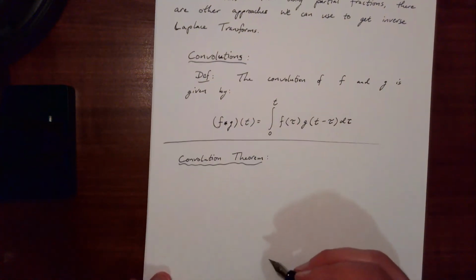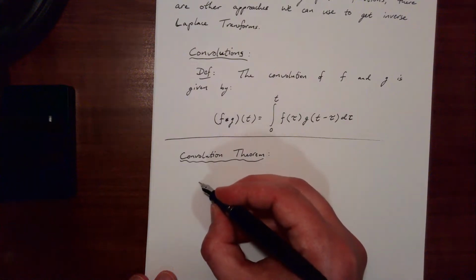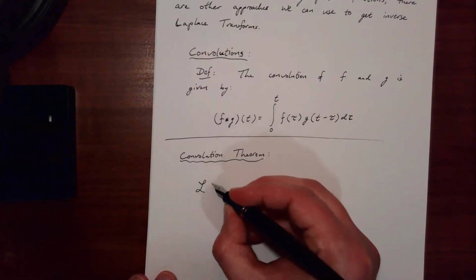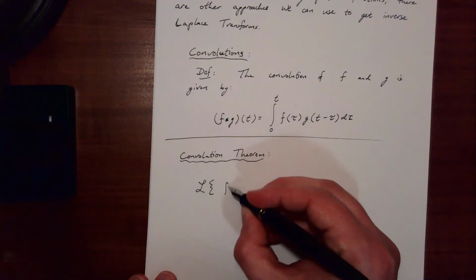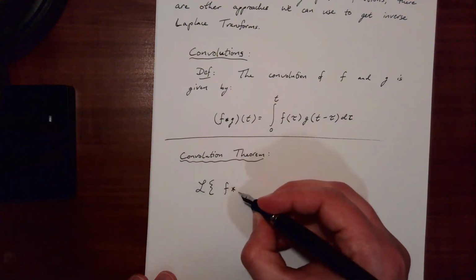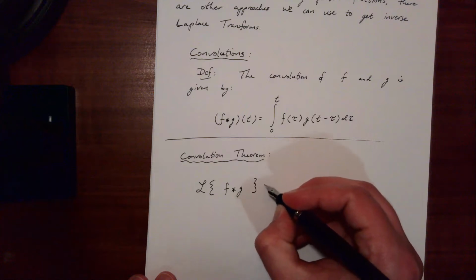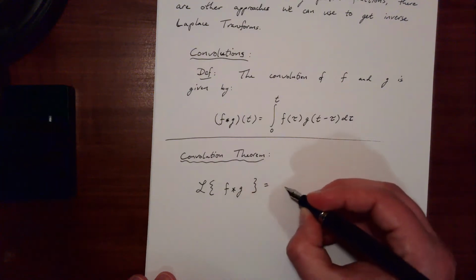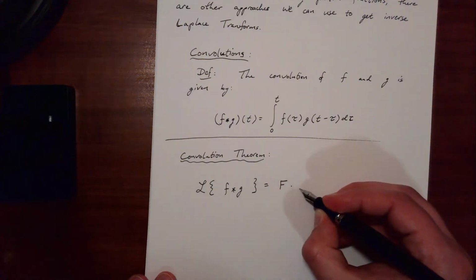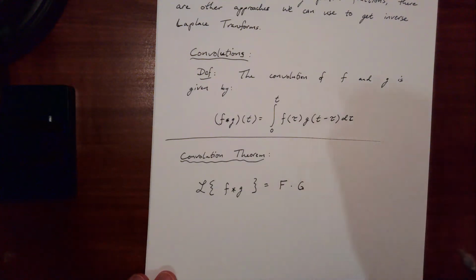The convolution theorem says that if I take the Laplace transform of the convolution of two functions, then that is actually just going to be equal to the product of their Laplace transforms.